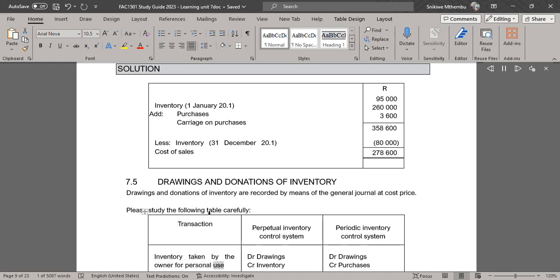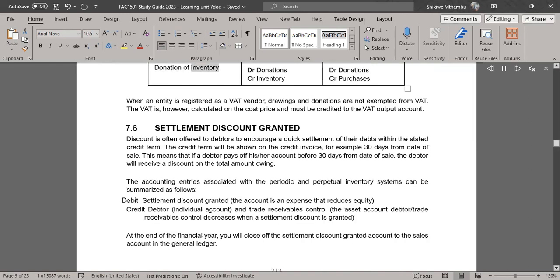Inventory taken by the owner for personal use: debit drawings, credit inventory; debit drawings, credit purchases. Donation of inventory: debit donations, credit inventory; debit donations, credit purchases. When an entity is registered as a VAT vendor, drawings and donations are not exempted from VAT. The VAT is, however, calculated on the cost price and must be credited to the VAT output account.